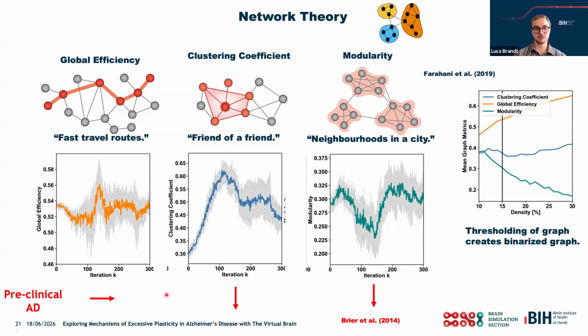And even though it's a snapshot of the functional networks of the preclinical AD patients, it could be linked to these plastic mechanisms, because we have this hyperconnectivity causing increased clustering and also increased efficiency at a point. And this could be seen as a sort of phase before that, already causing the disruption in networks.